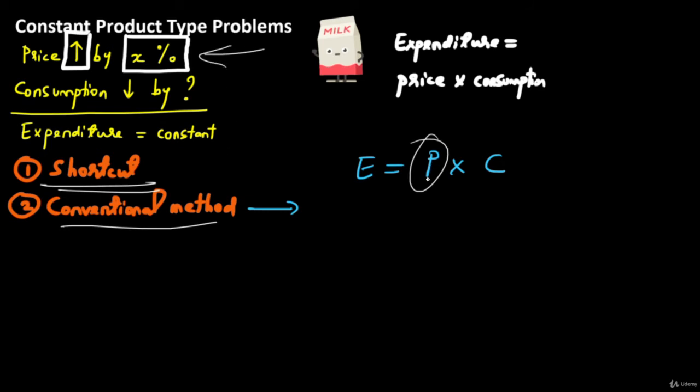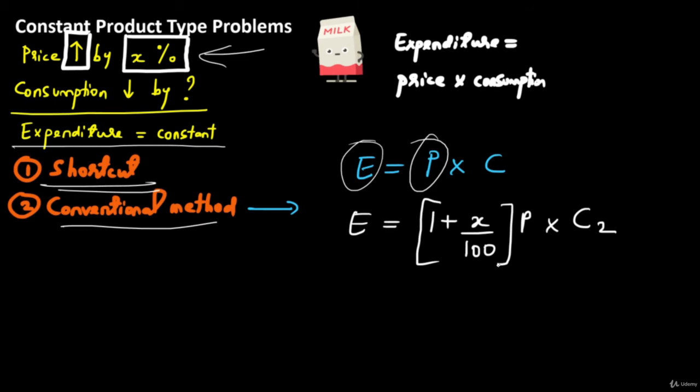Therefore the new price will be 1 plus X by 100 into P, and it's also mentioned that the expenditure is constant. So I will use E itself for the expenditure in the second case. So I can write that expenditure is equal to 1 plus X by 100 into P, right? This is the price that has been increased by X percentage into the new consumption, which is C2, right?